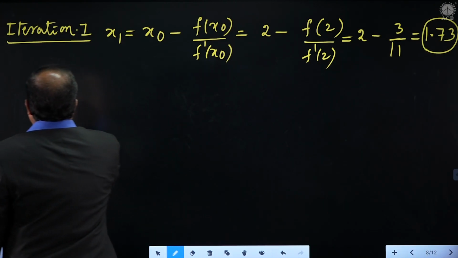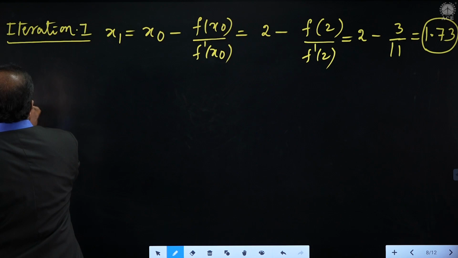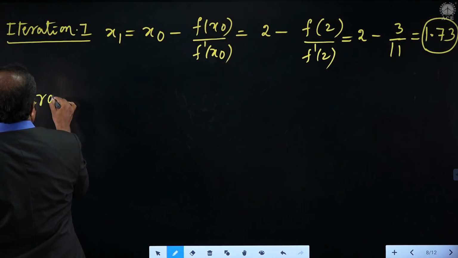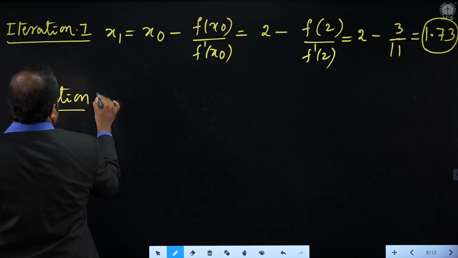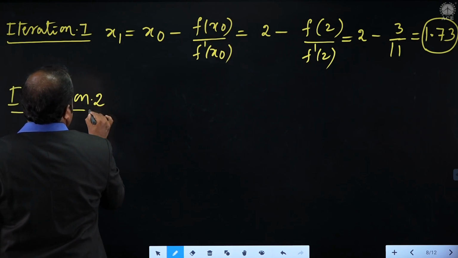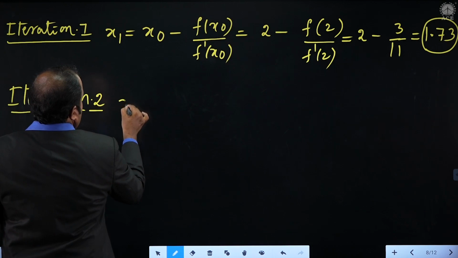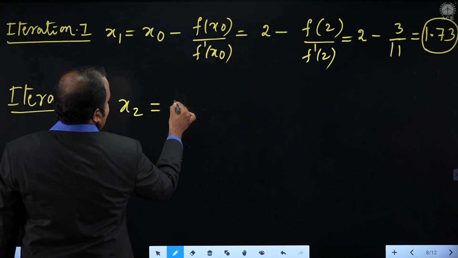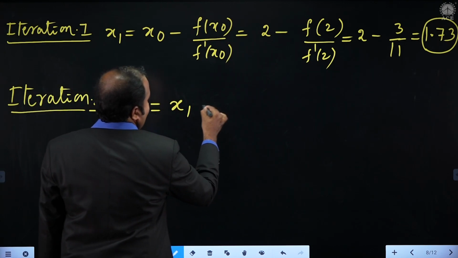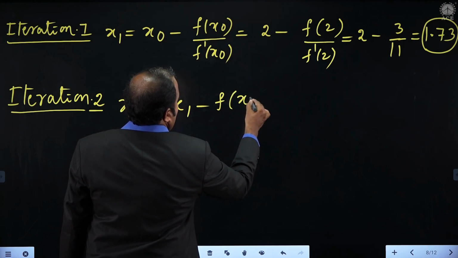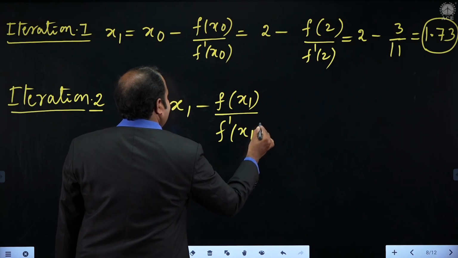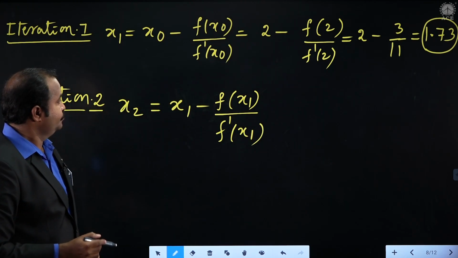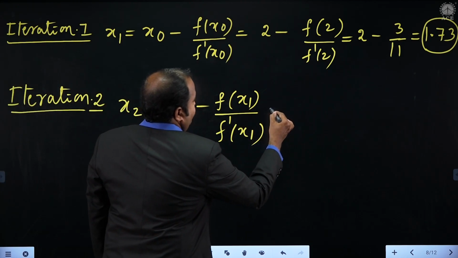Now iteration 2. So x2 equal to x1 minus f of x1 by f dash of x1. This is the iteration 2 formula.